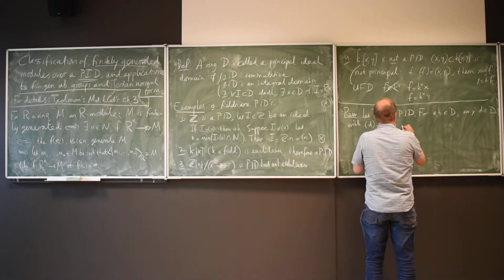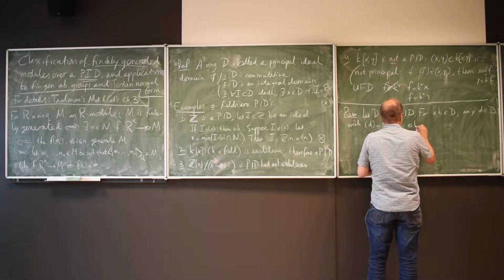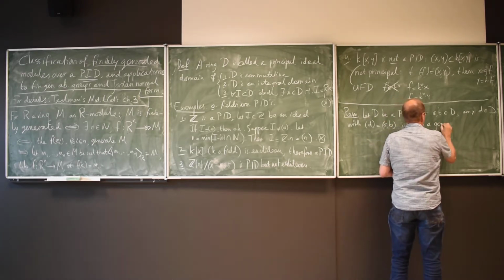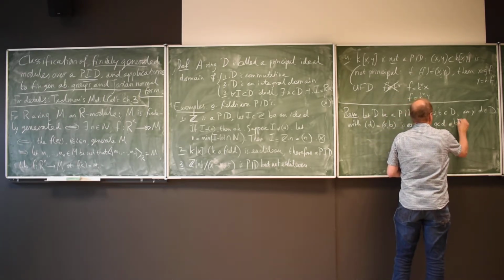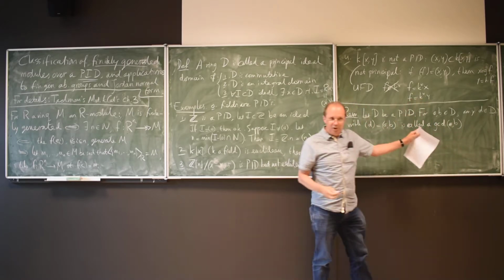Any such d is called a greatest common divisor of A and B. And this is also the notation for it.